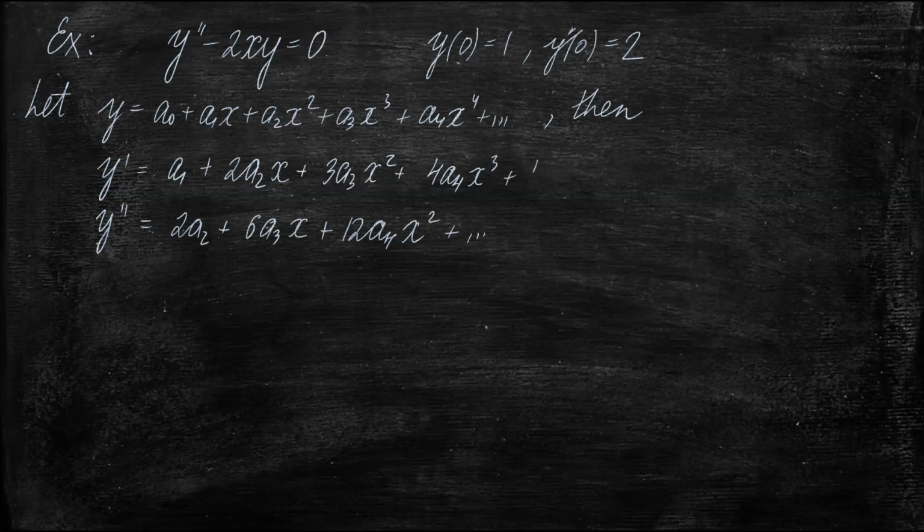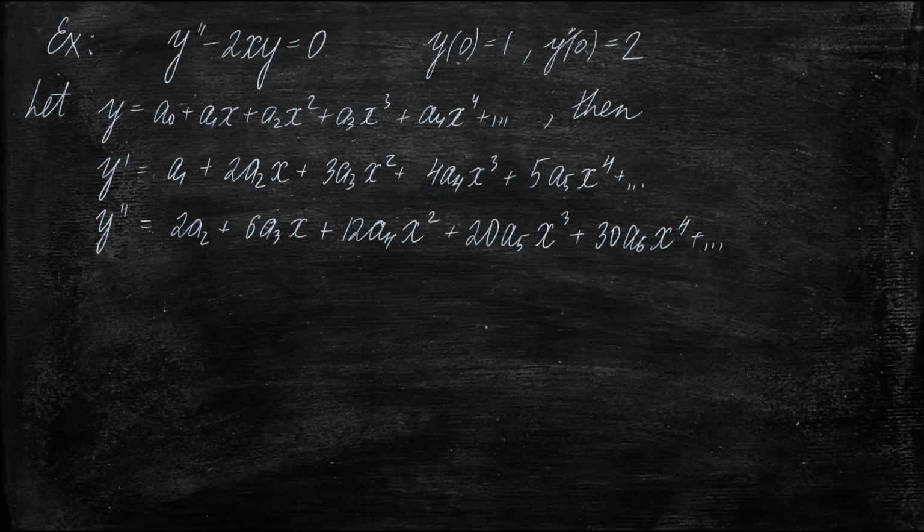We have 5a5x to the 4, and we're going to have 20a5x cubed, and we're going to have, this is 5 times 4, 6 times 5, so it's going to be 30a6x to the power 4.